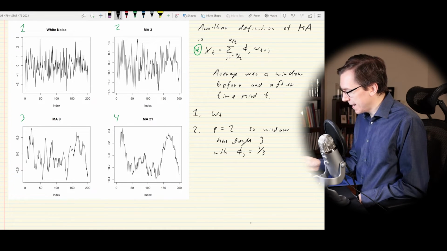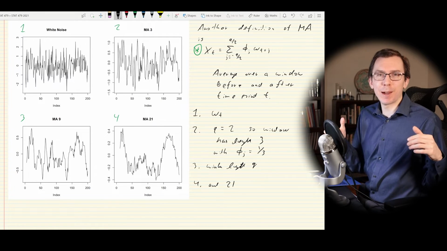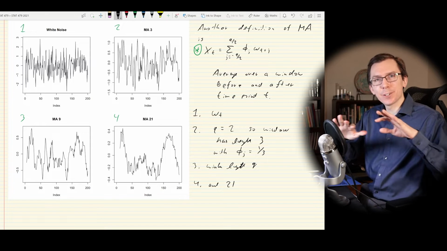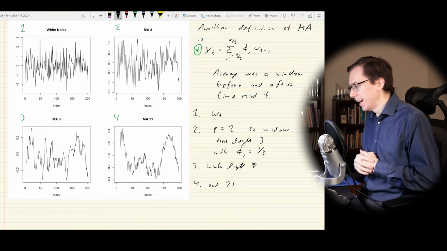But when we extend this into plots 3 and 4, where the window has length 9 and 21, then suddenly we start to get a much smoother representation of our white noise process because we're averaging over a wider and wider window.